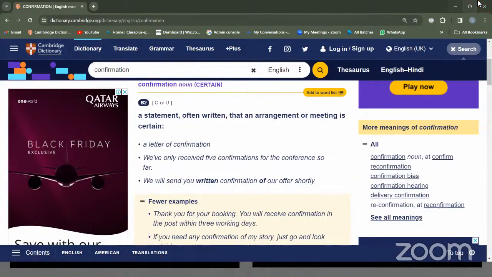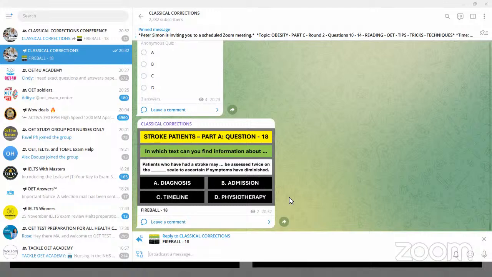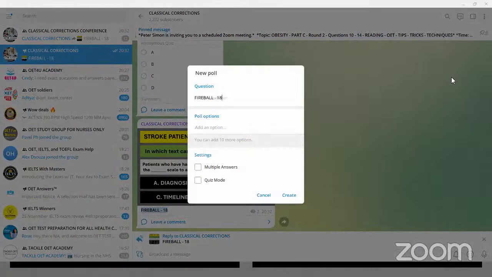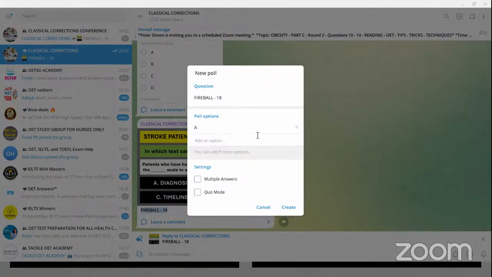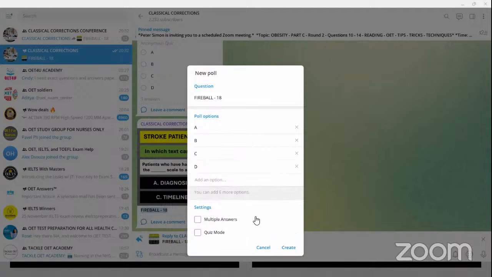Right. So, where will you find this information? A or B or C or D?